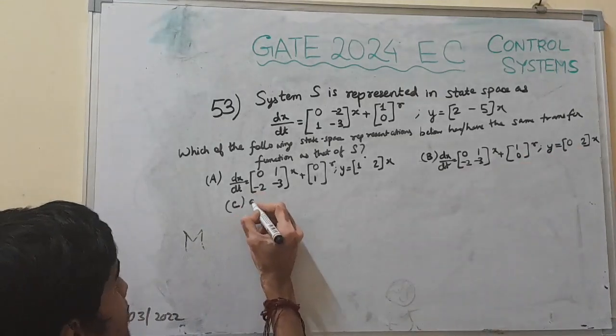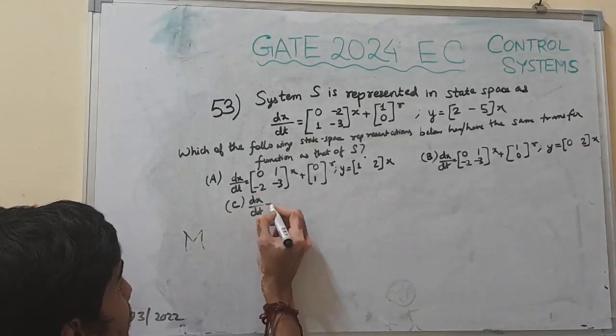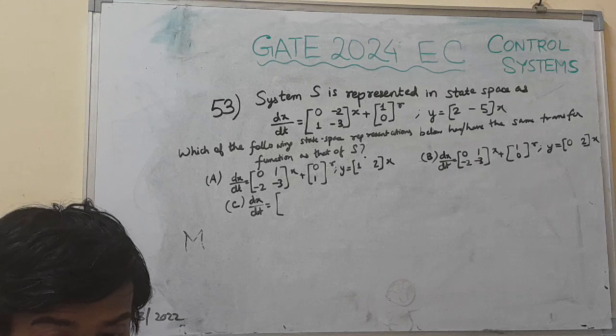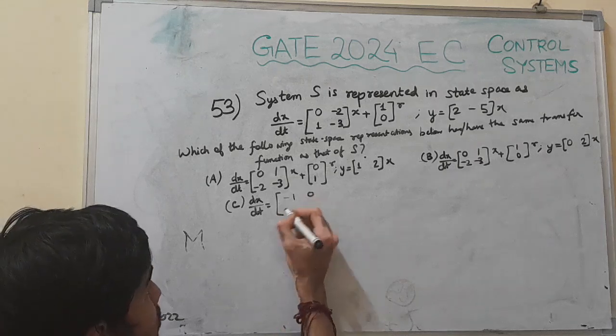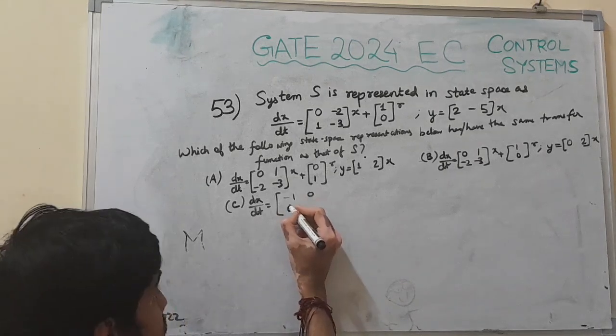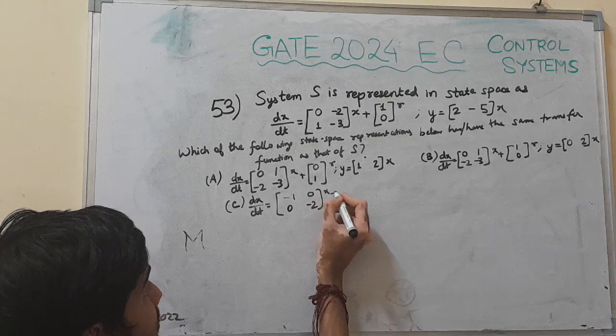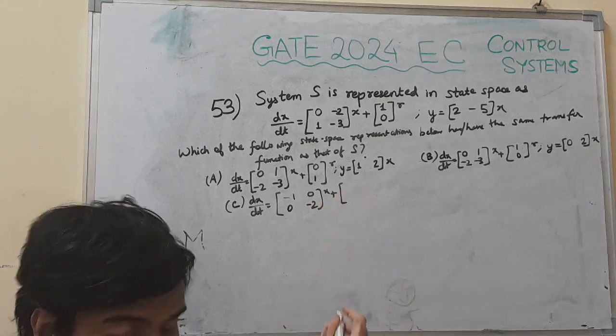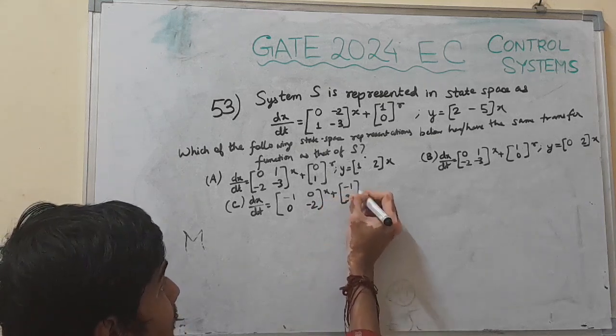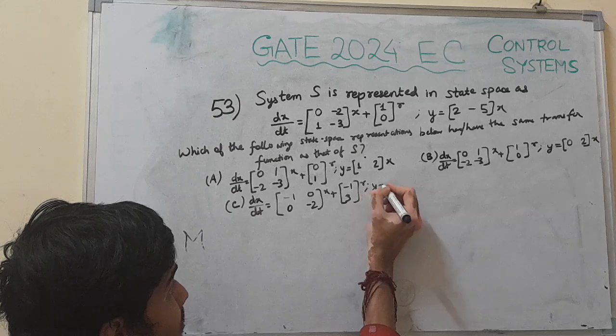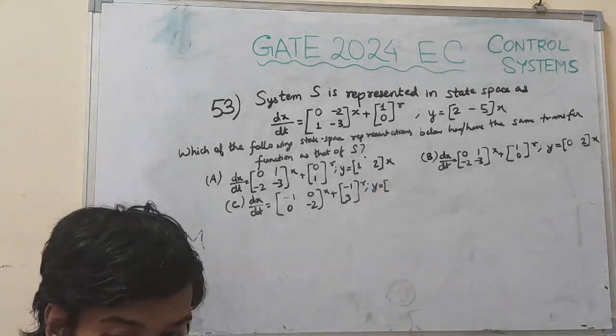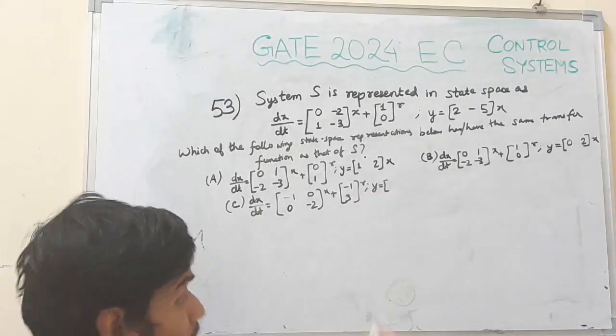C, dx(t)/dt given as [-1 0; 0 -2] x plus [-1 3]ᵀ r, y is given as [1 1] x.